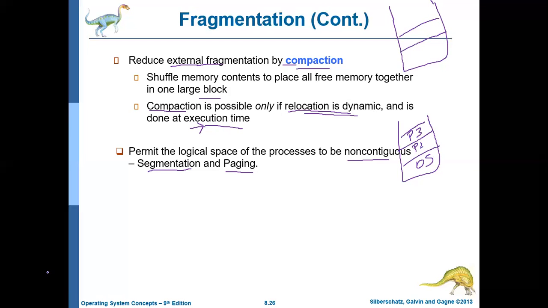The base register has the starting physical address of the process. The limit register has the range of the logical address. The CPU generates a logical address, which is compared with the limit register. Only if the logical address is less than the limit register is the CPU allowed to access memory. Before accessing memory, the logical address is added to the content of the relocation or base register, and then the physical address is generated.